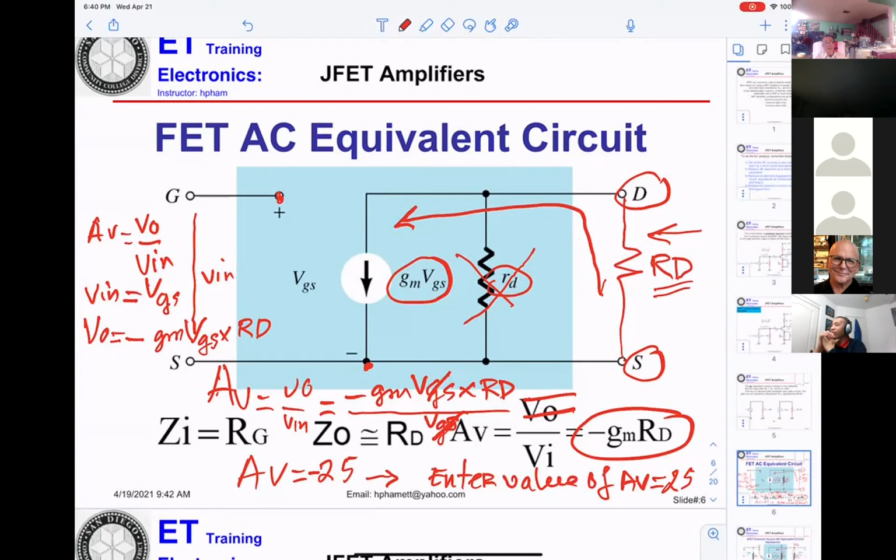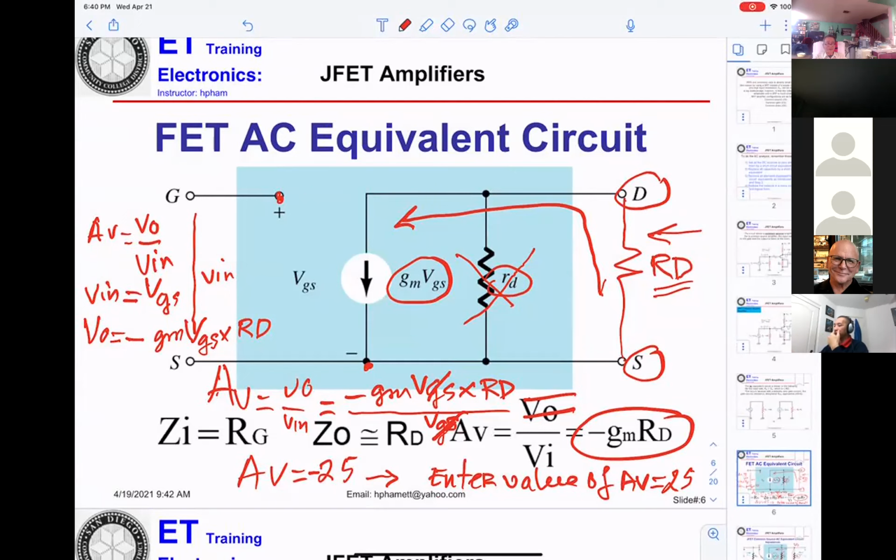That's what you will get in the quiz today. That's why I bring it up. Otherwise, a lot of people get confused: do you enter minus 25 or 25? So this is the AC.